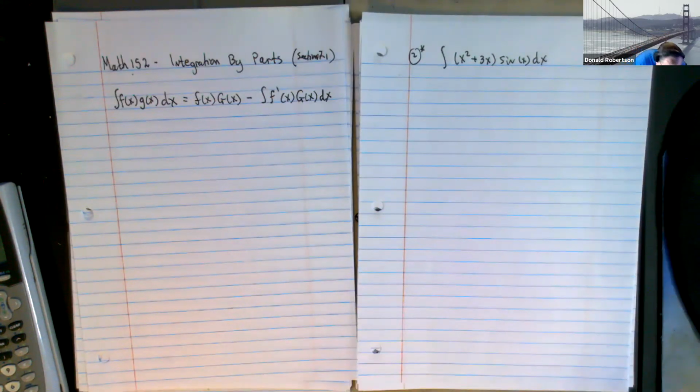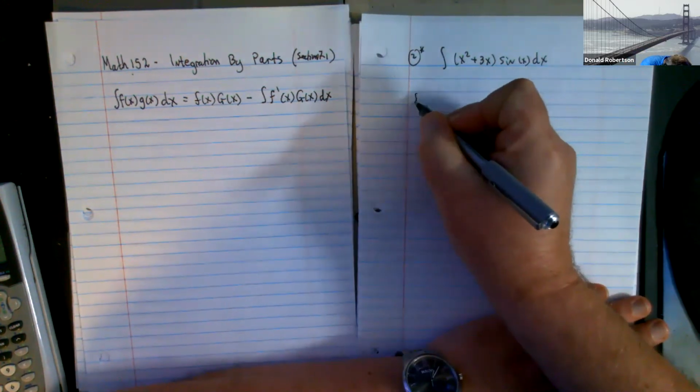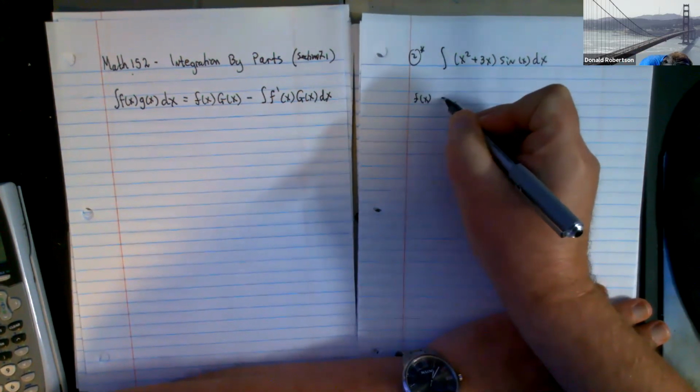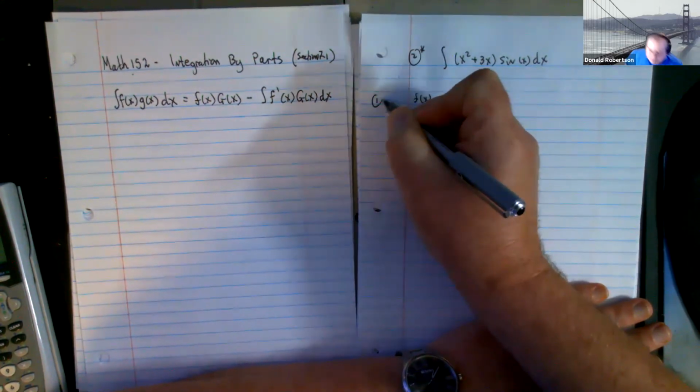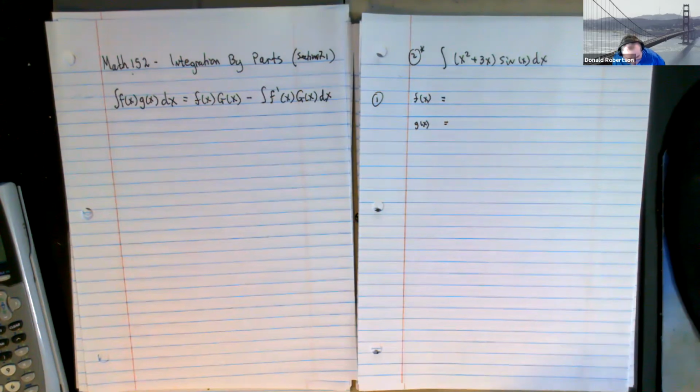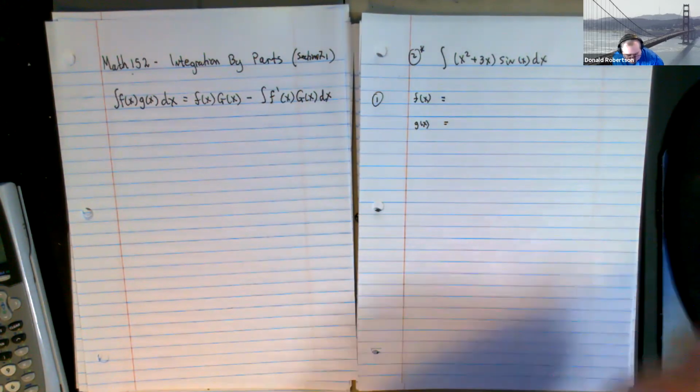Here's our guy. I need to identify who the f of x is going to be and who the g of x is going to be. That's what I called, I believe, step one yesterday. In this question, which piece of the two things multiplied is f?